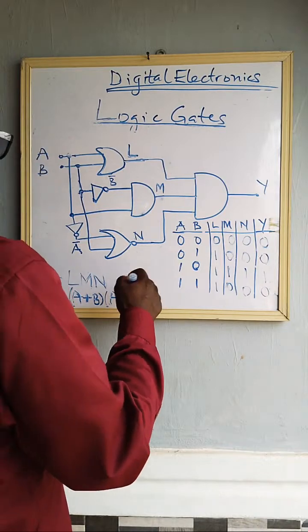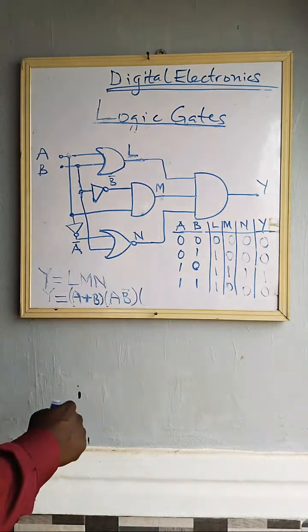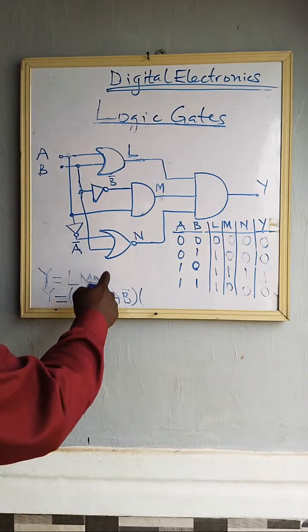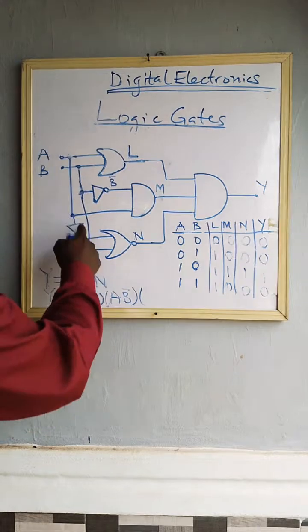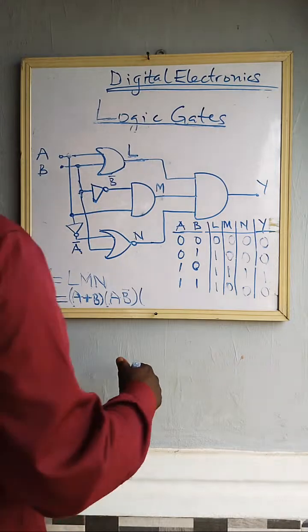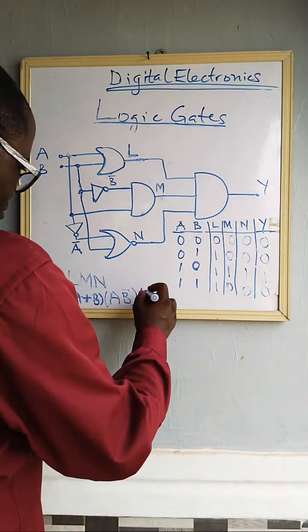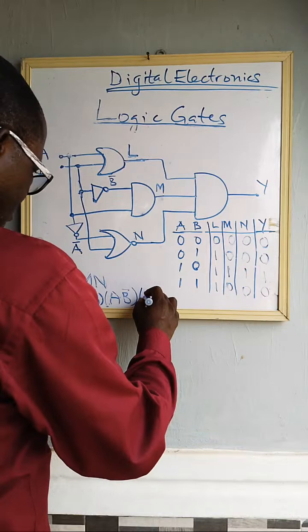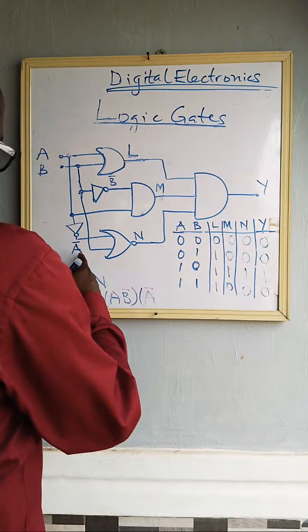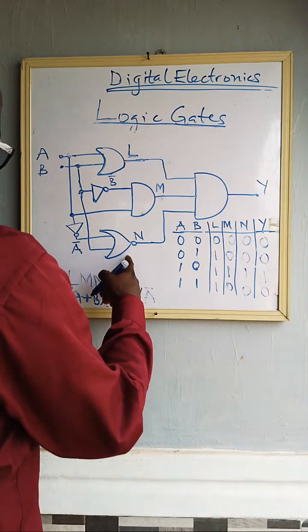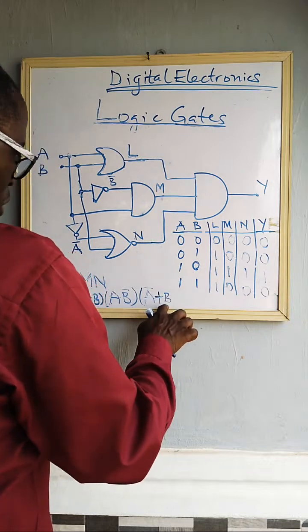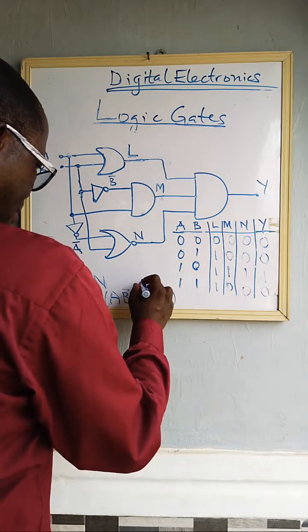And the final one, the NOR gate, is actually A bar NOR B, A bar or B, then we're going to have a final bar here.